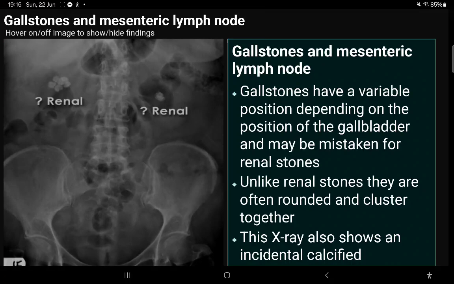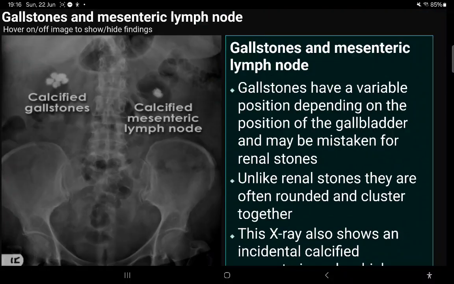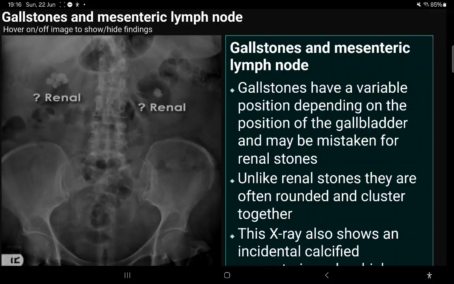This X-ray shows an incidental calcified mesenteric node, which may also mimic renal stones. Here we have the calcified gallstones, and on the other side a calcified mesenteric lymph node.